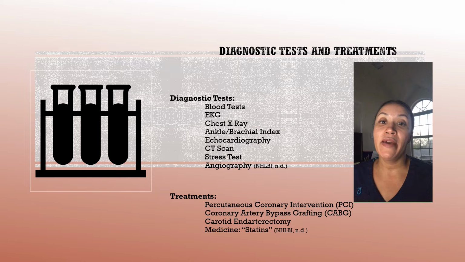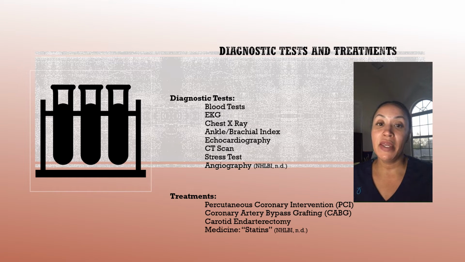And then an angiograph, which basically includes the doctor injecting dye into the arteries so that they can visualize the arteries. Treatment could be a percutaneous coronary intervention, where they can put balloons into the vessel, open those balloons, and move that plaque to the side so that it can increase flow. Coronary artery bypass grafting is where they take one artery and bypass the artery that is narrowing so that you can get better oxygen or blood flow to that area.